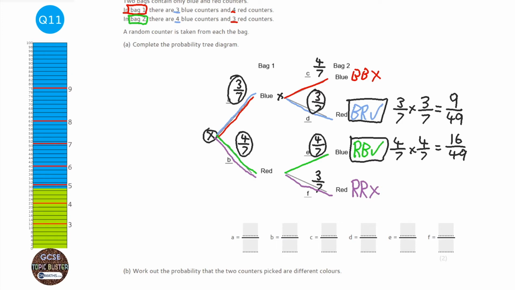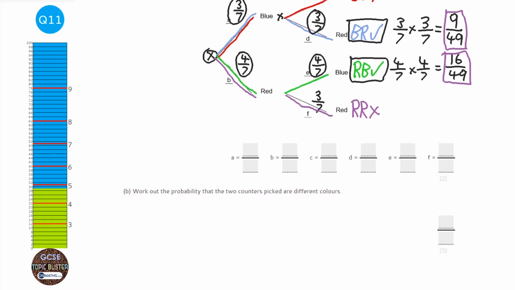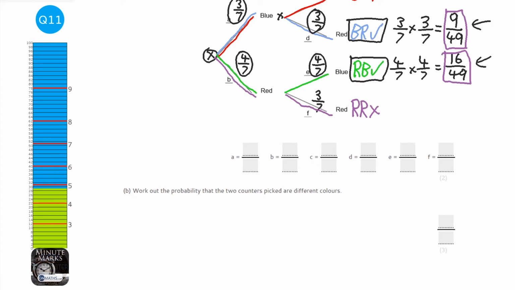Now this is the problem, is we end up with 2 fractions. Well, we need one answer. So we need to find some way of combining those together. And in probability, we use the word or. It can either be that one or that one. And any time you use the word or, what you're going to do with the fractions is just add them together.